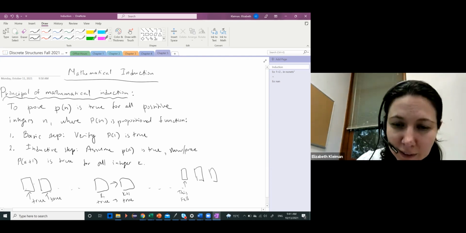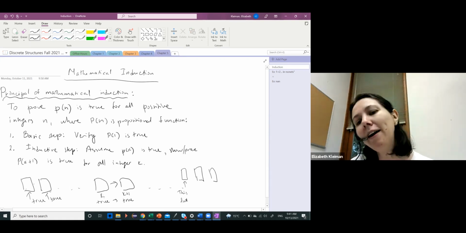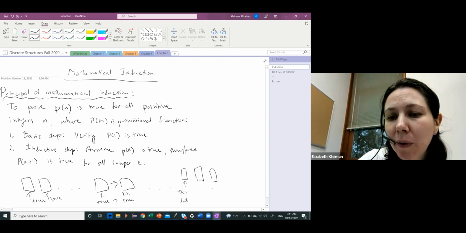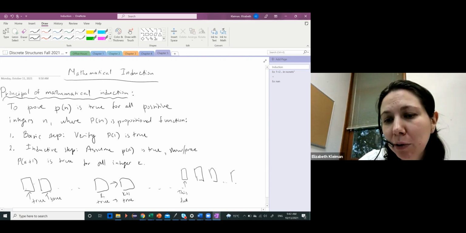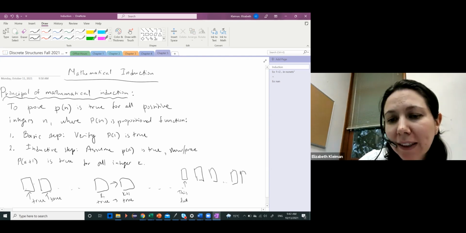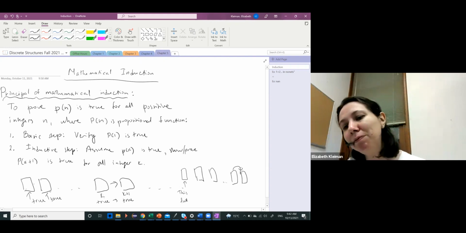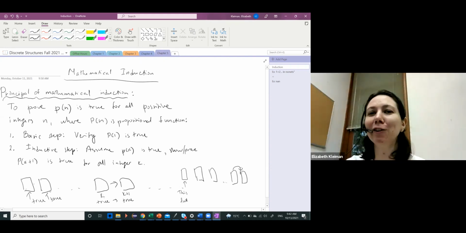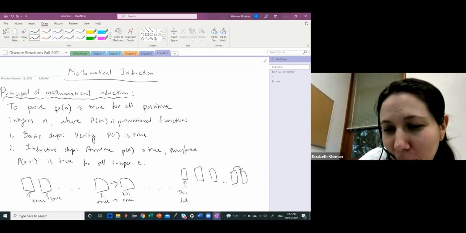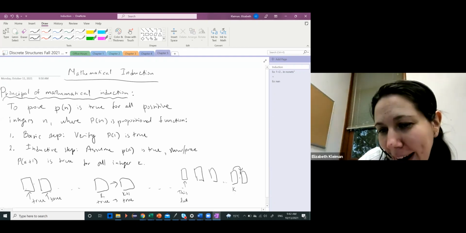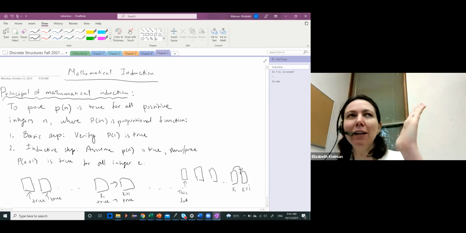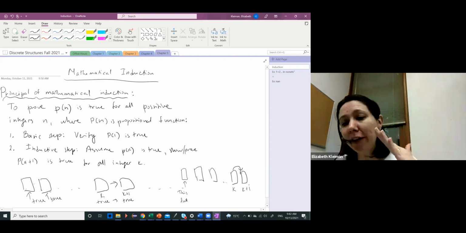And then we also need to know that if I have two books in the middle, if this one falls, this one must fall too, like it's really going to kick it and make it fall. So I only need to know that for any book in the middle, k, the next one is also going to fall. Does it make sense?